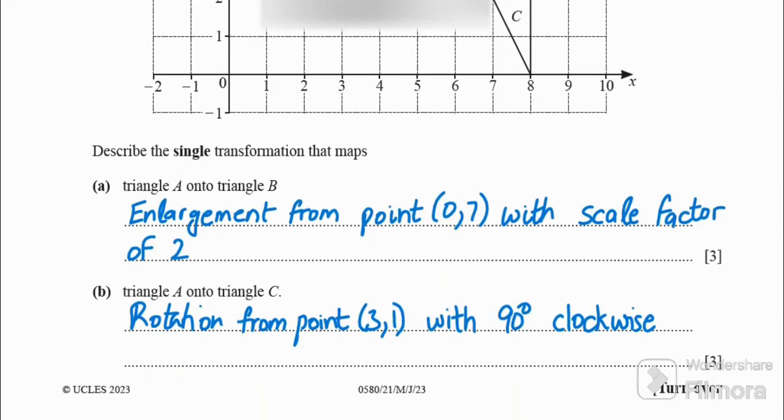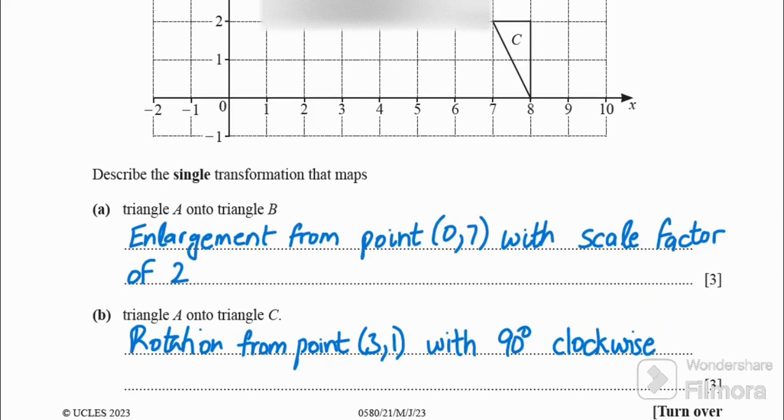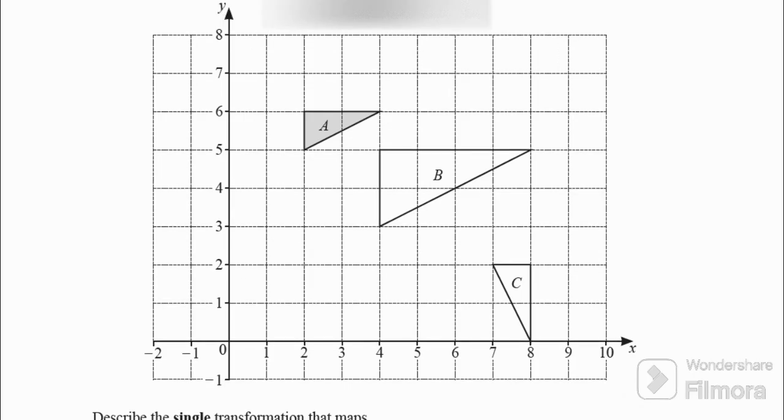Part B states triangle A onto triangle C. So over here, as you can see, it's been rotated, but by how much, we have to calculate.